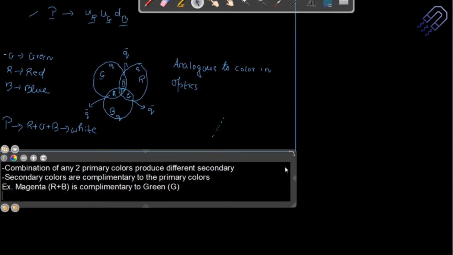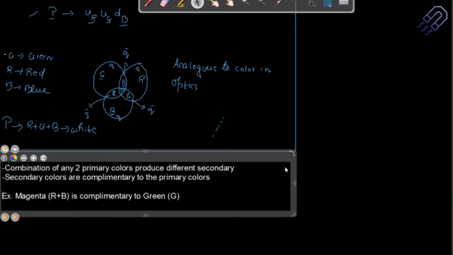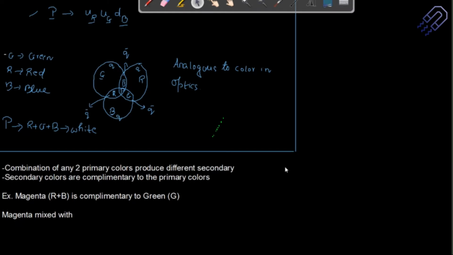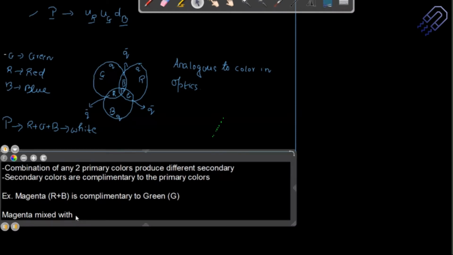So we have R plus B, and that is G bar. What happens usually is that if we mix magenta with green, the two colors we already had are red and blue, and if we mix that with green, we will get white.